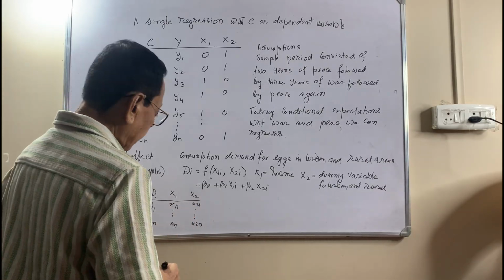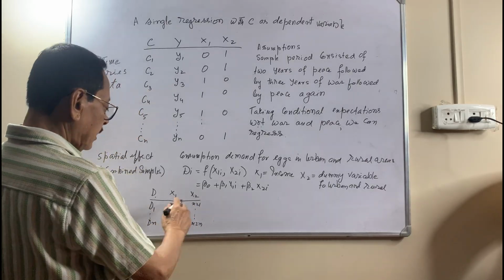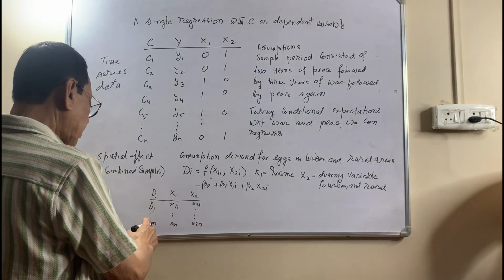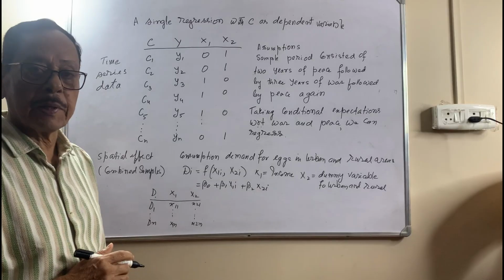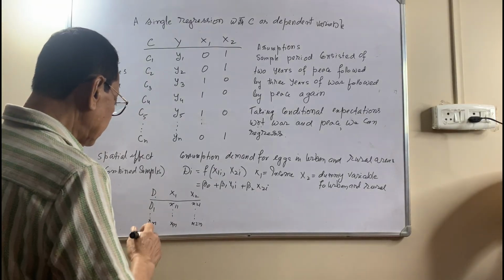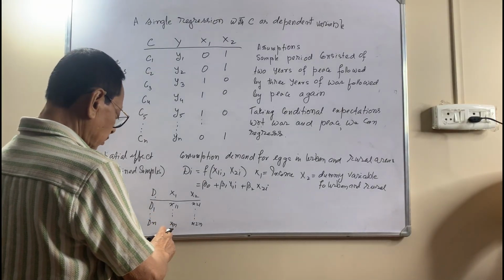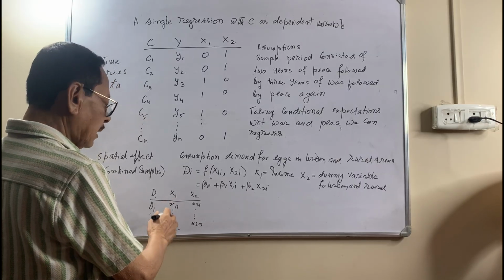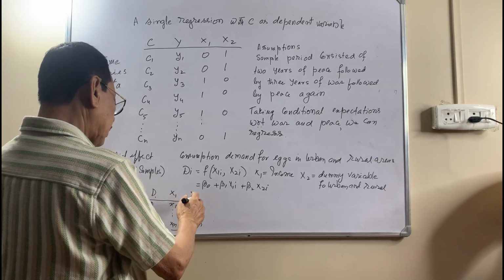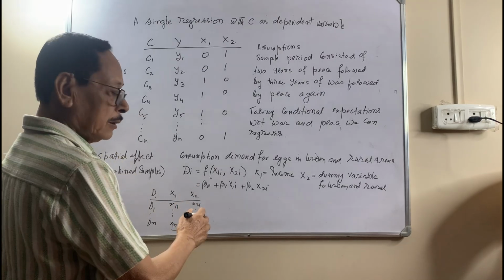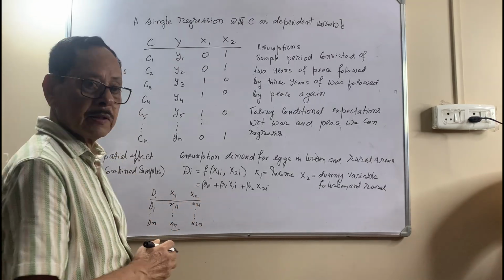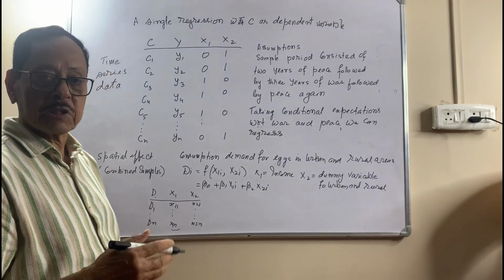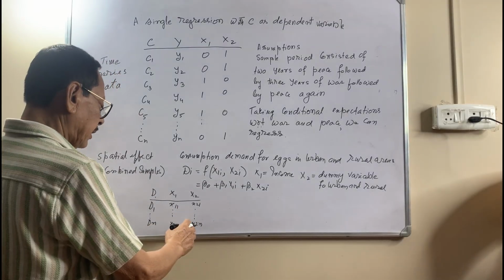After putting this, we can regress, taking demand as the dependent variable. Then we will examine whether the effect of income is higher, and what is the effect of rural, whether the special effect is significant, positive, negative, or insignificant. You can examine that.